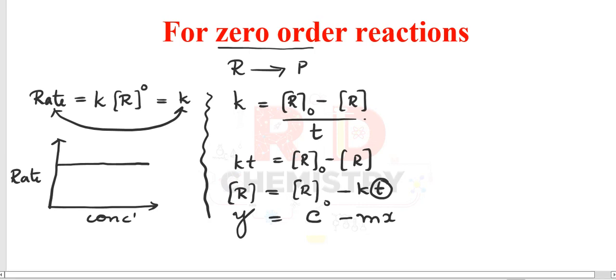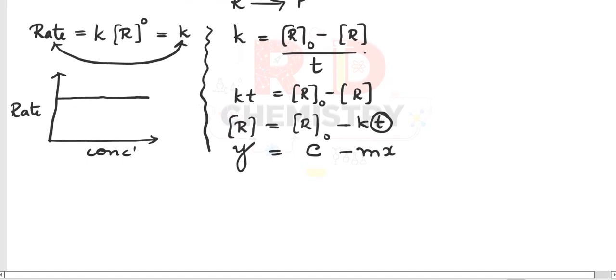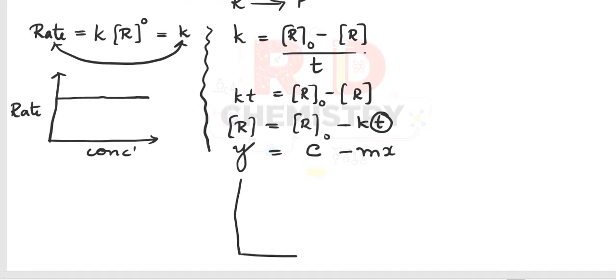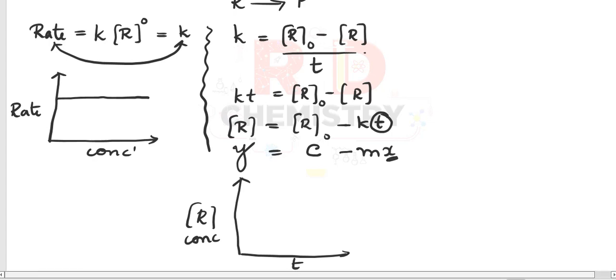So if I plot the graph for this, along the y-axis, the concentration term R, and x is the time interval here. Let me take time.